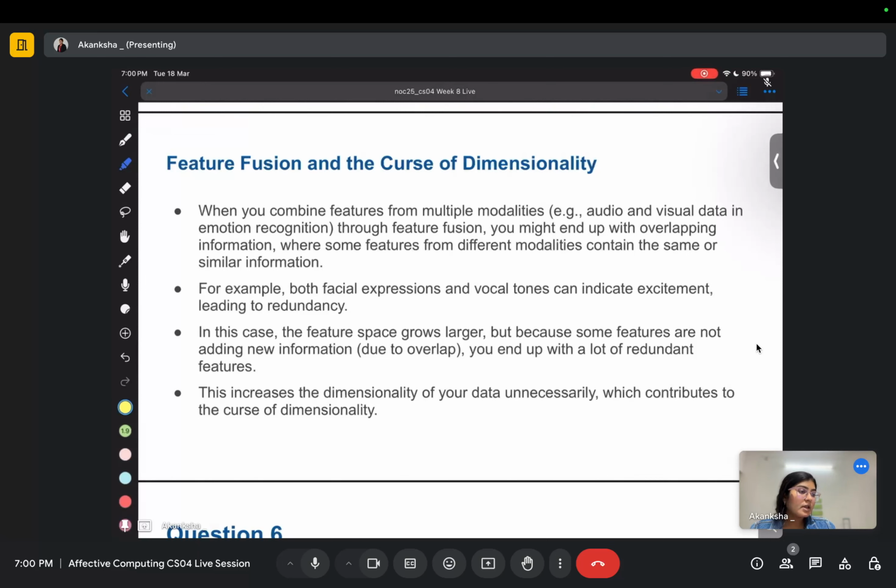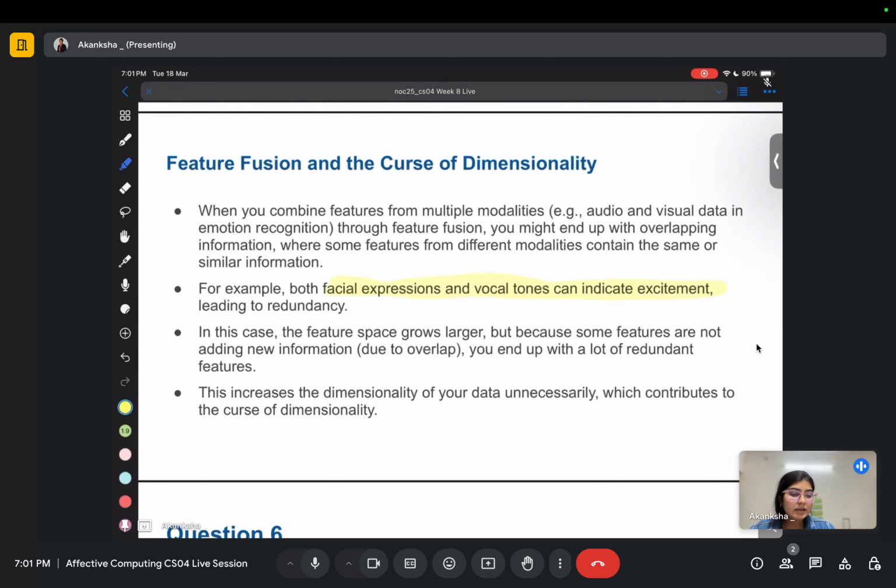That is the curse. Now feature fusion and the curse of dimensionality, how are these two related? When we combine multiple features, the dimension will increase, and if it is redundant, then there is no point in increasing the feature dimension, because ultimately it's a waste of resources without any improvement. Let's say both facial expressions and vocal tones are just indicating excitement, and we do not know the valence.